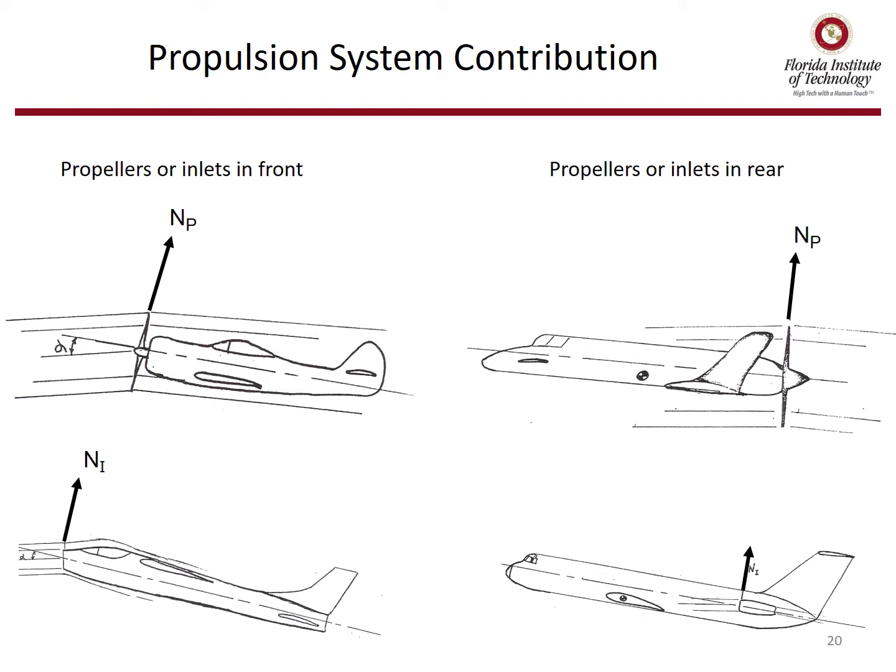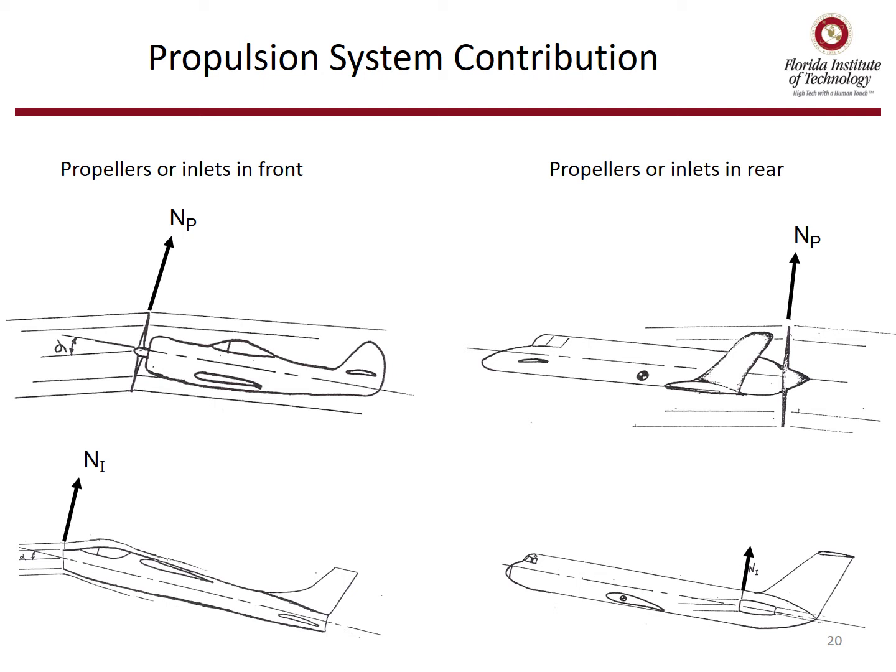Next, let's look at the different propulsion systems and how they contribute to stability. In the upper left-hand corner, we see a propeller airplane, and generally the way that propeller works is it turns the airflow and it generates this NP, this normal force. And if you look at where the CG is, say under the pilot's window or at 25% of the mean aerodynamic chord, using the right-hand rule, that NP then would generate an upward pitching moment.